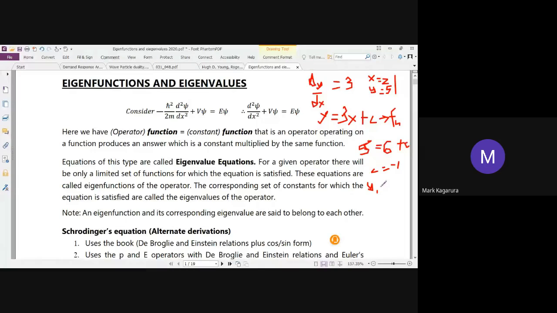So x1 will give us a particular solution for y1.